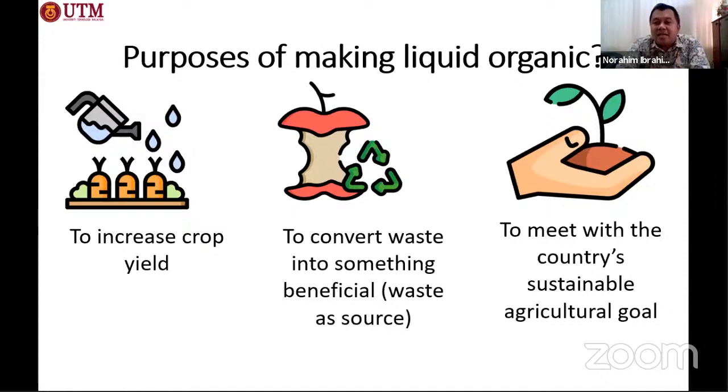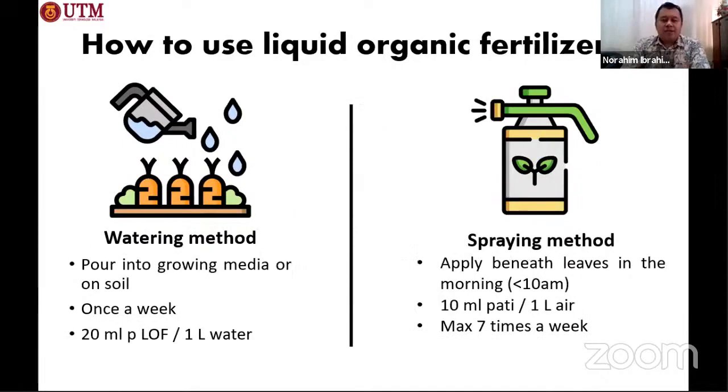That means even if, katakan satu hari nanti susah nak dapat baja kimia, you cannot make your own food. So kita boleh buat sebab kita ada organic fertilizer, which we are making from the waste, the food waste, the kitchen waste.